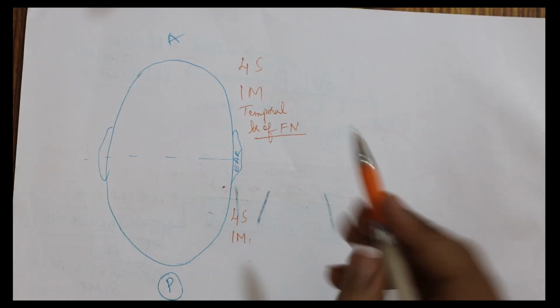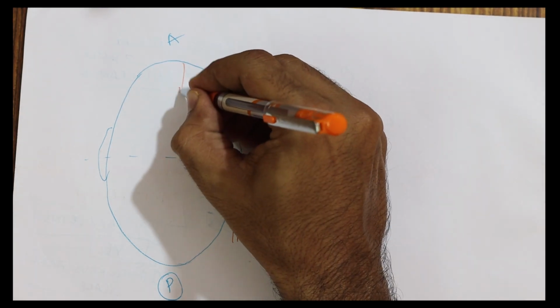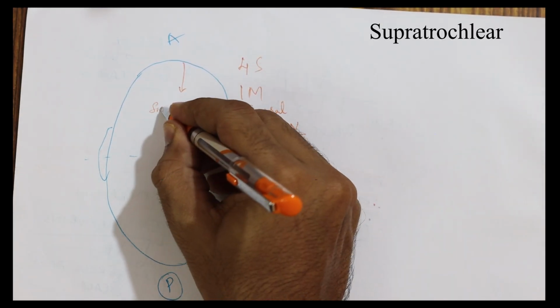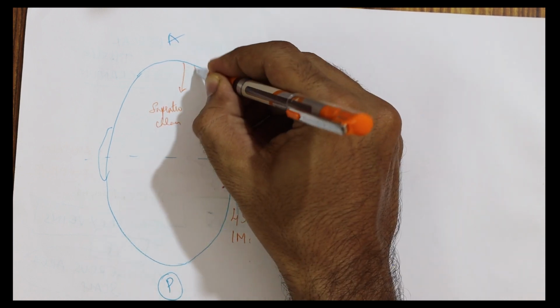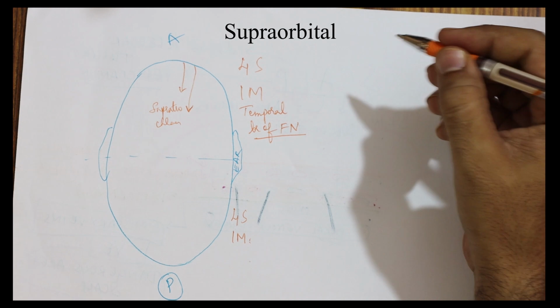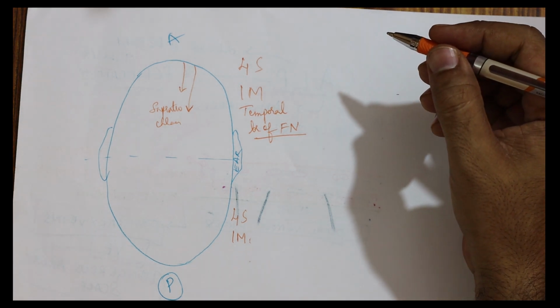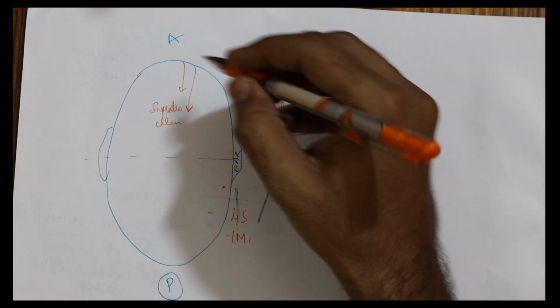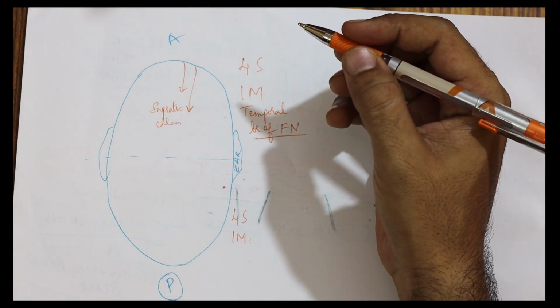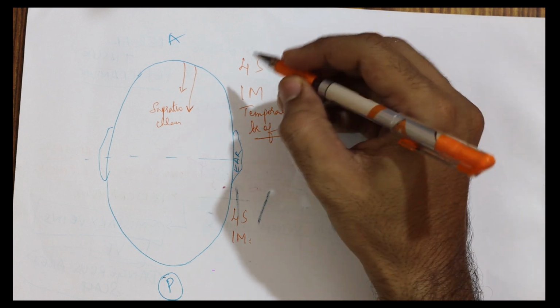Whereas if you see the sensory nerves, there is a nerve called supratrochlear and next to that there is a nerve called supraorbital. Both are branches coming from the ophthalmic division of the trigeminal nerve, whereas there are two more branches coming from the maxillary and also the mandibular nerve.